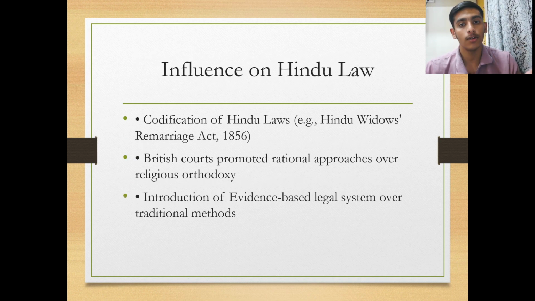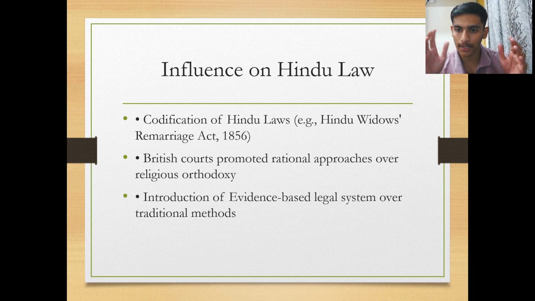Again, on the influence of Hindu law, we see that the codification of Hindu laws happened after the British came. All of our penal laws were established again. Personal laws specifically were established, that is the Hindu Marriage Act and so on. First is the Hindu Widows Remarriage Act, which is an example that I have given. Then again, British courts promoted rational approaches over religious orthodoxy in Indian society.